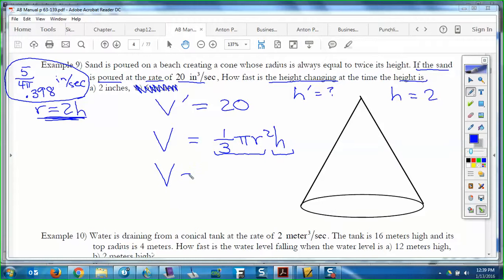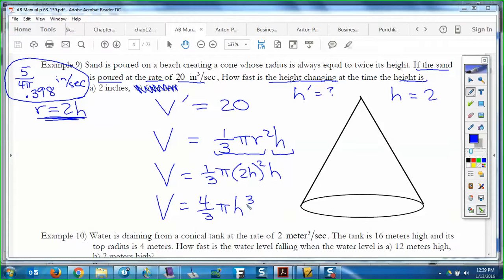So we'd have had v equals 1/3 pi, and in place of r, put 2h, like so. Now, if you do that, go ahead and simplify that. Some people will get to there and then do the derivative, and then they end up doing a product rule anyway, and then what was the point, right? Go ahead and multiply that together. So this is 4 times 1/3, so that'd be 4/3 pi, h squared times h is h cubed.